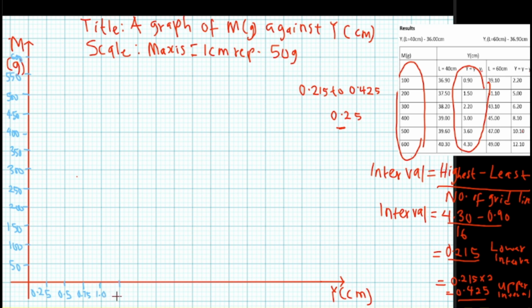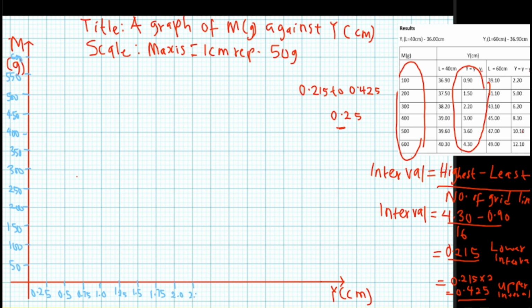Add 0.25 here, we have 1.25. Add 0.25 here, we have 1.5. And add 0.25 here, we have 1.75. And then here we have 2.0.